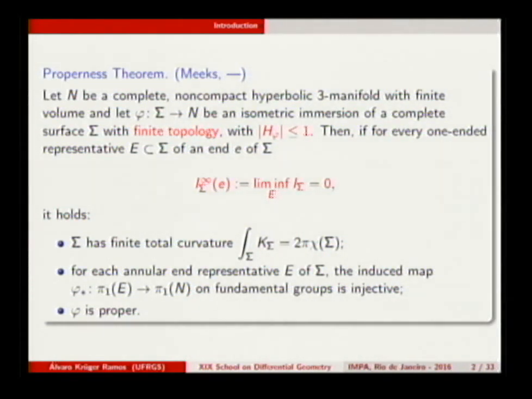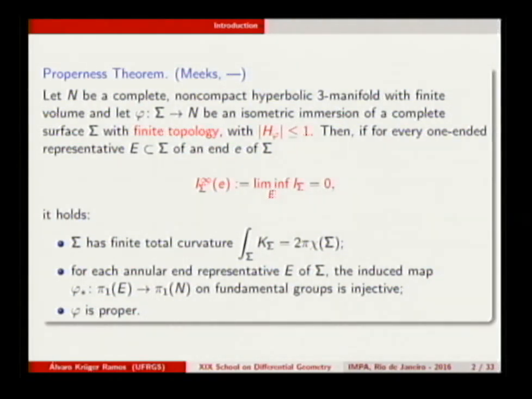We assume that this immersion has bounded mean curvature, not necessarily constant, just bounded by 1. Then, if for every end representative of an end of sigma, the injectivity radius function is 0, what does it mean? It means that the surface closes up in the ambient space. The injectivity radius at every end starts to close up.